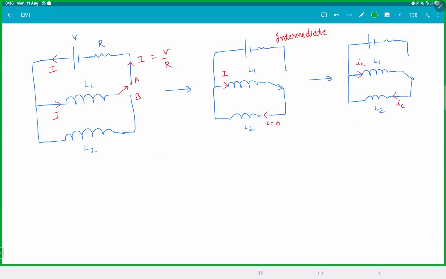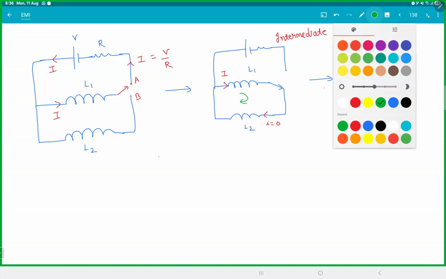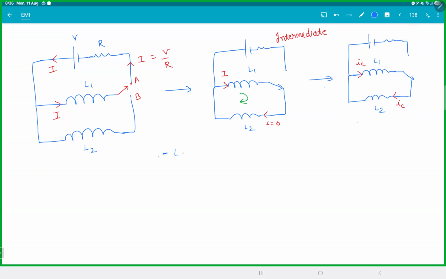Now if you try to apply Kirchhoff's loop law in this, let this current be some I1, let this current be some I2. So currents are not the same; they are trying to establish an equilibrium. And this will be minus L1 di1 by dt minus L2 di2 by dt is equal to 0.